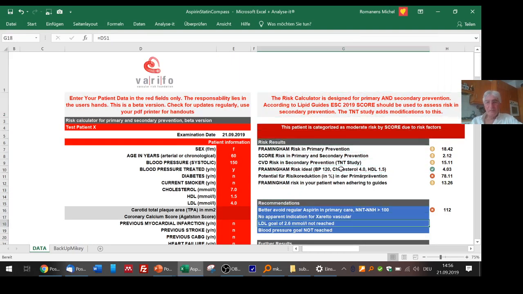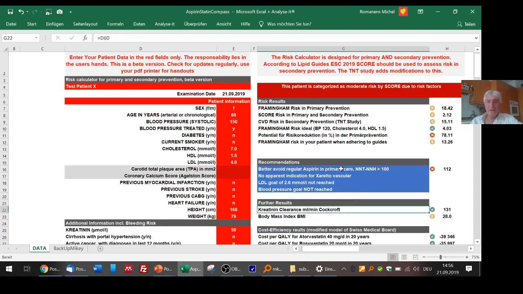So now we come to the next step, where we look at a high-risk patient, and now we change this patient to 65, and immediately watch what happens here. You see the patient now is a high risk according to Framingham, and the blood pressure is treated, and now let's say she's a current smoker.